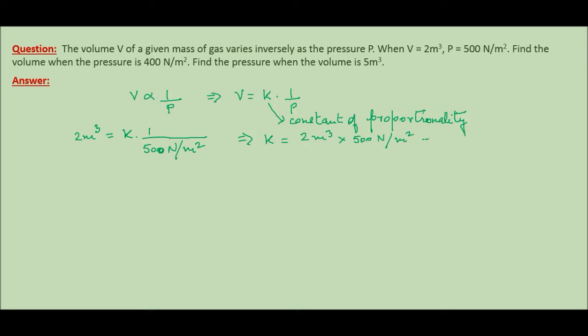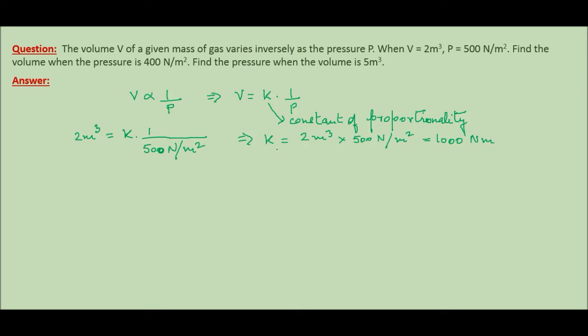And 2 times 500 gives us the numerical value of 1000. And over here we are having meter cube in the numerator and this meter square in the denominator, so it will be Newton meter. So the value of K is 1000 Newton meter.